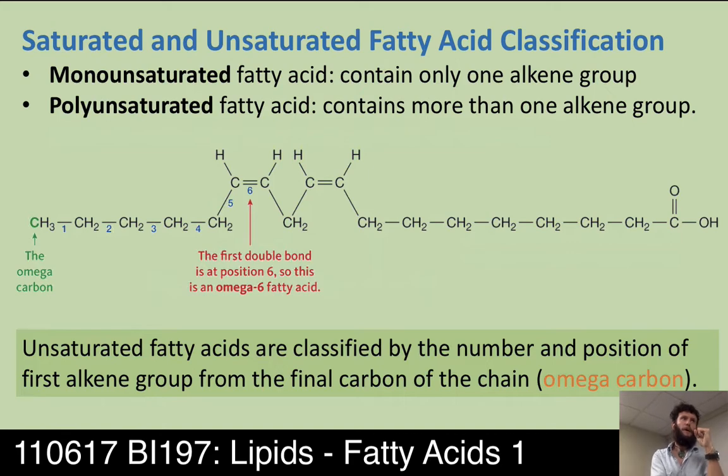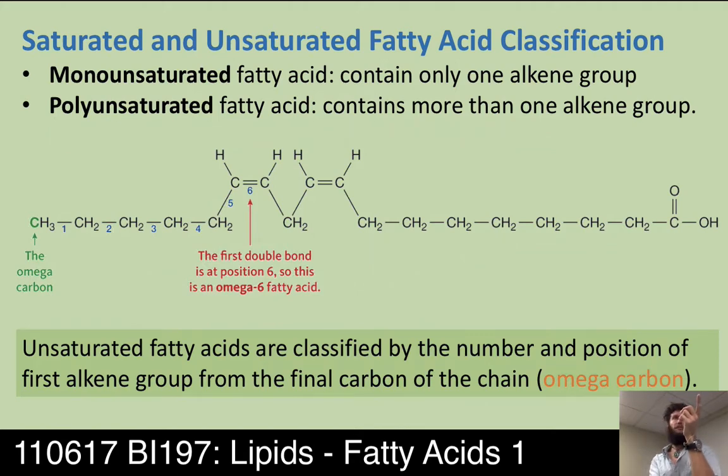All right. So the omega carbon is the last carbon, and it turns out that it's a good reference point because the chemical properties, the metabolic properties of these fatty acids, are dictated by their double bonds, but most specifically the relationship of those double bonds to that last carbon. Why is that?